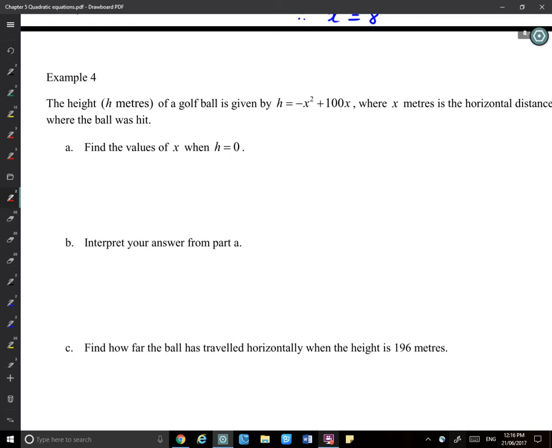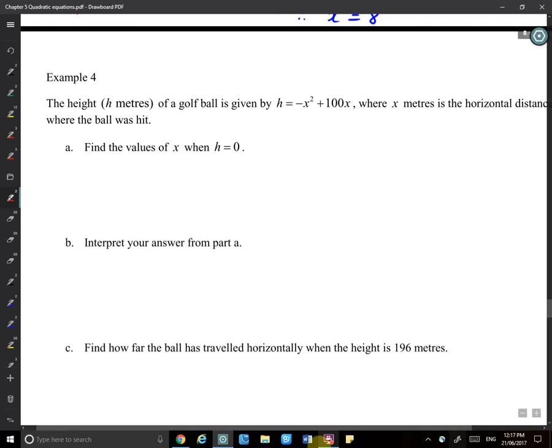Let's think about that. Ignore this equation first. Let's say a golf ball. When you hit the ball, how will this ball move? The shape of the movement? Okay, it will go up first and then go down, right?